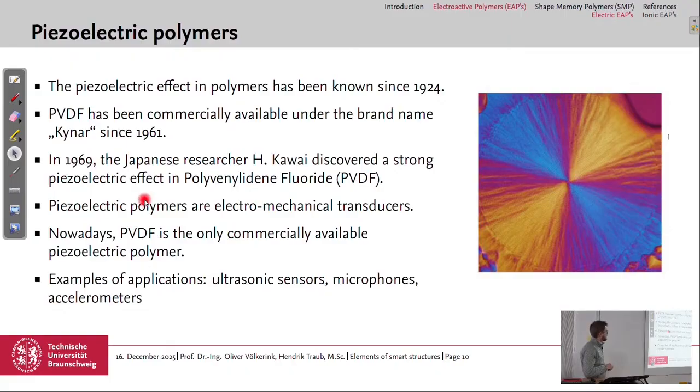And piezoelectric polymers are like piezoceramics, piezomechanical transducers. And PVDF is the only commercially available piezoelectric polymer, really. And it is used for ultrasonic sensors, also for microphones and for accelerometers. So the application is more on the sensing side than on the actuating side. We will see later on why.